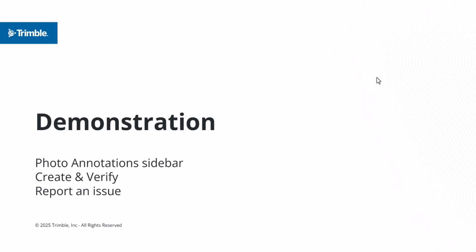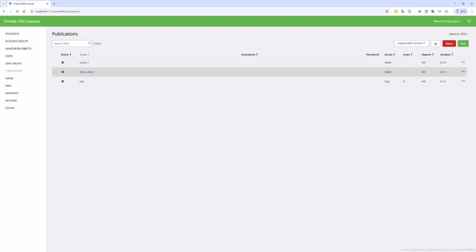Moving further with the demonstration part of the publisher, the photo annotation sidebar, create and verify tool, and report an issue option will be covered. So for demonstration, I'll open my other browser with Open Console in it, and this demo publication is already prepared to be used.